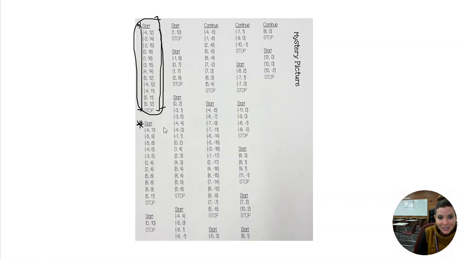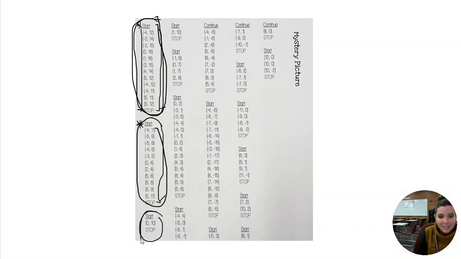Then you will continue to plot and connect in this order until you get to the stop. And then right here is going to be another new line. So this is going to be one continuous line, and I think you guys get the picture.